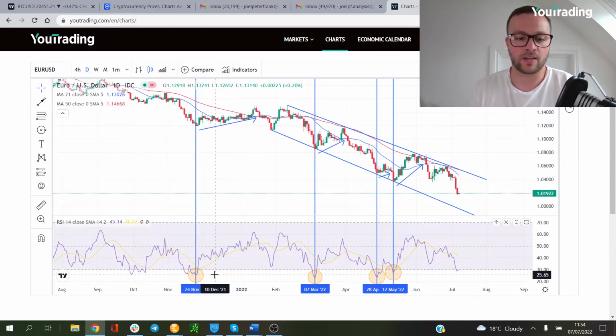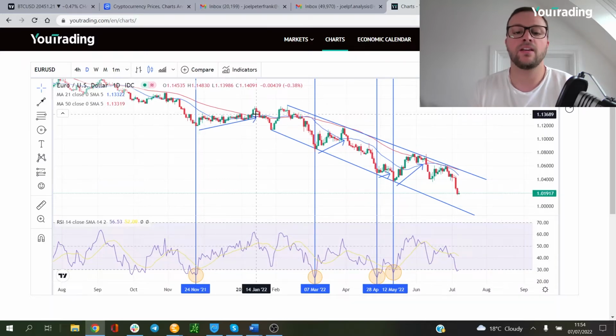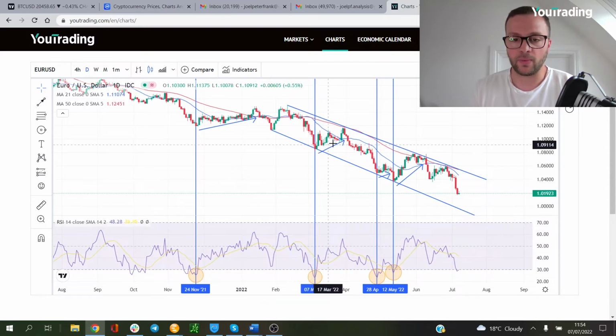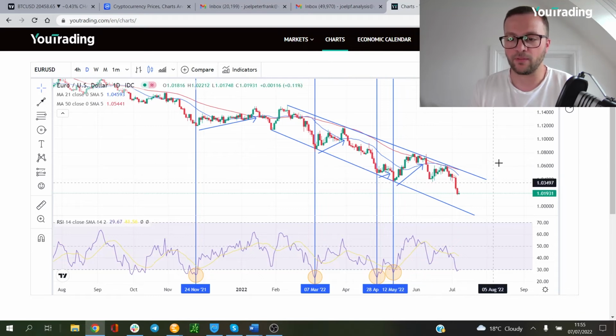We got to an RSI of like 25, but then we had this rebound that lasted into early 2022. It happened again in March. We got to an RSI of 23. That's very, very oversold. And then we had that slight rebound into the end of March. And you can see that happened again in late April and mid-May. These 2 times here, we had consolidation and then a bit of a rebound.